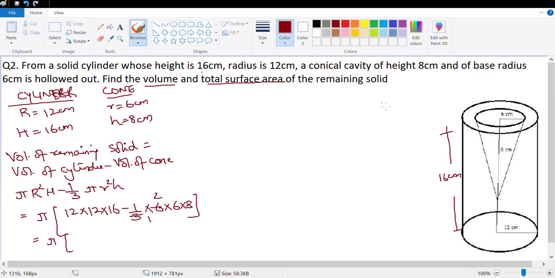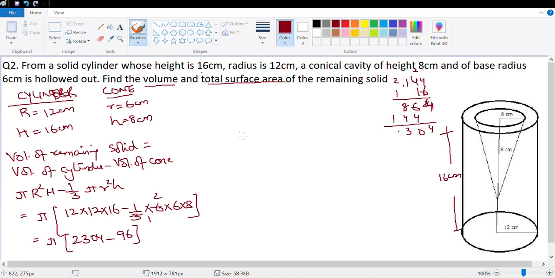Now we'll have to multiply 12 into 12, that's 144 into 16. That's 6 into 4, 24. 6 into 4, 24 plus 2, 26. 6 into 1, 6 plus 2, 8. This is 4, 4, 1, 4, 6 plus 4, 10, 9, 13, 2304. So 2304 minus 6 into 8, 48 into 2, 96.